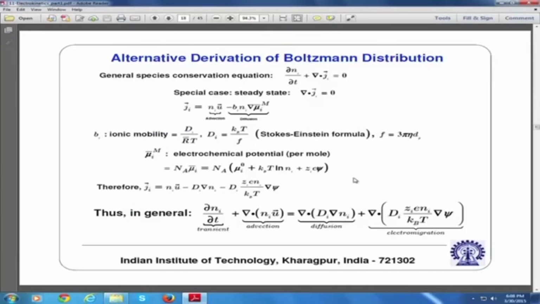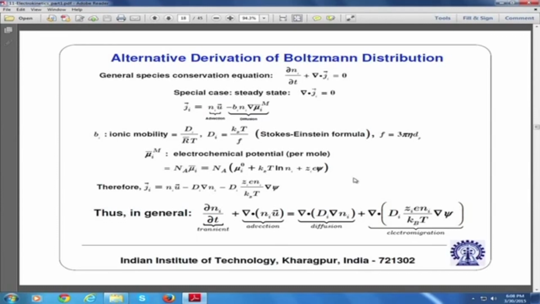So we will start with the expression. Look at the first equation, the general species conservation equation, del Ni del t plus del dot J equal to 0, the unsteady term and the divergence of the flux. The special case is steady state, when the unsteady term is 0, that is quite obvious.